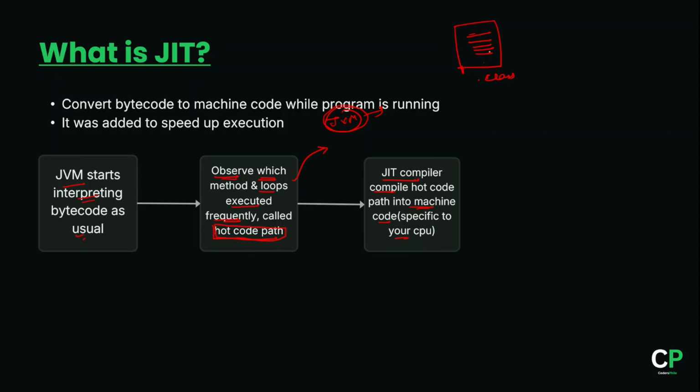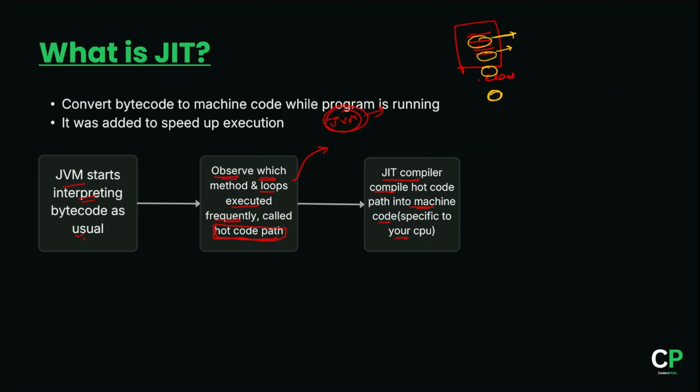And consider this is our hot code. This code is used again and again in our program, so the JVM has to interpret this again and again.